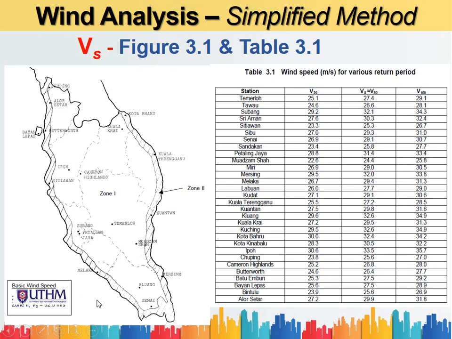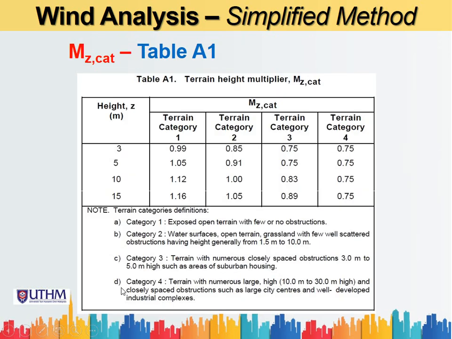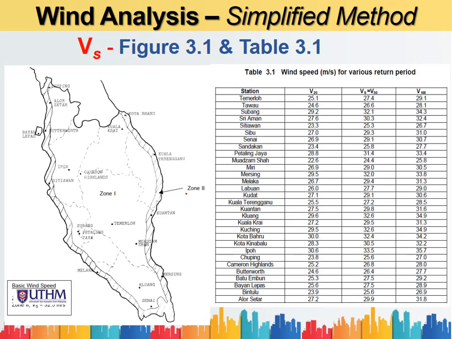This one is the Peninsular Malaysia map. As you can see here, this one is zone 2, and here is zone 1. So for zone 2, the VS here, the basic wind speed, depends on the zone.